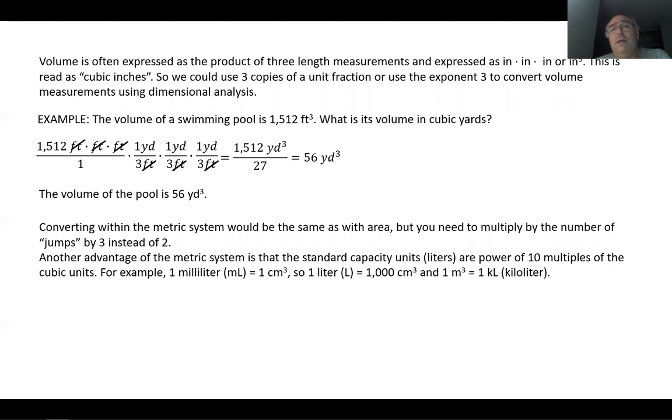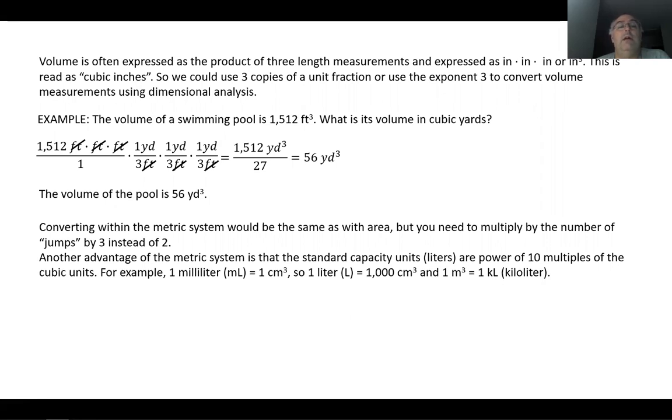Another advantage of the metric system is that the standard capacity units, for example liters or milliliters or kiloliters, are powers of 10 multiples of cubic units. So for example, 1 milliliter is actually the same as 1 cubic centimeter.